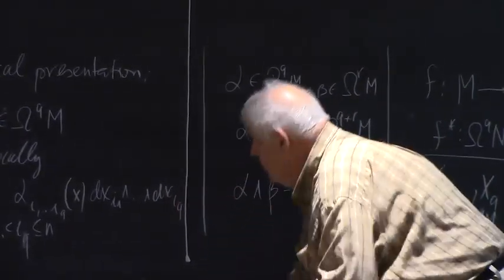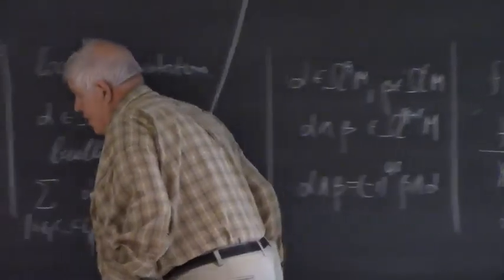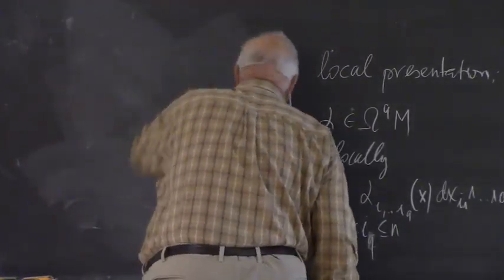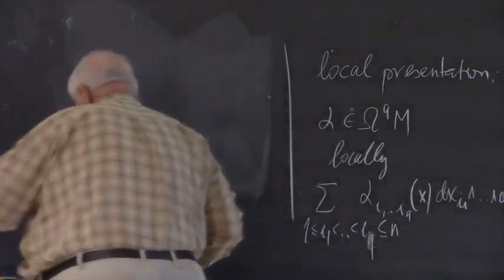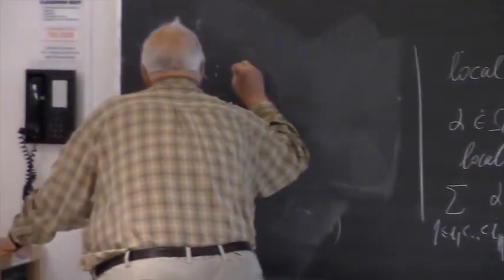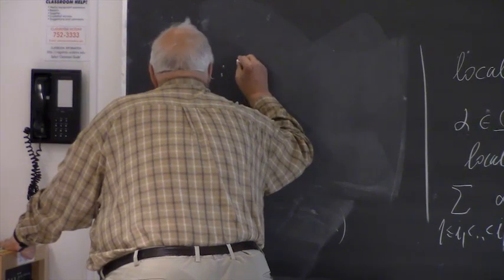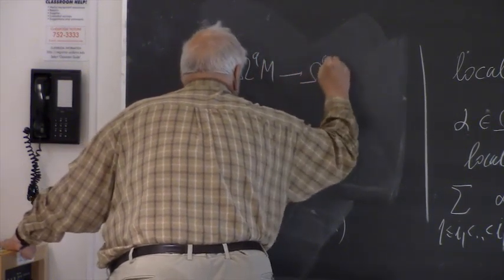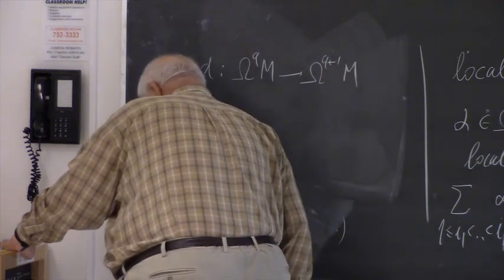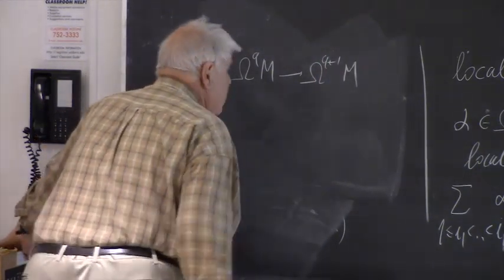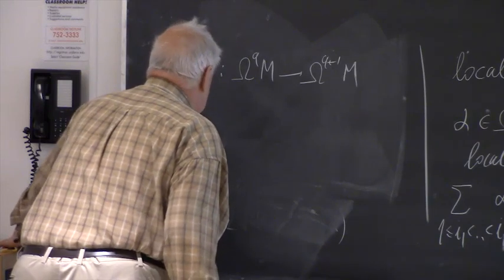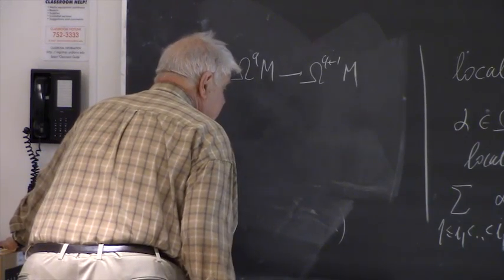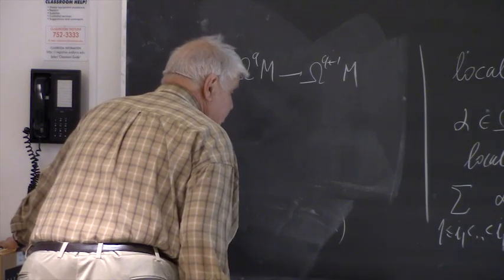Again, for an arbitrary manifold M, we have a map d of Omega^q(M) into Omega^{q+1}(M), which is defined for every q. The following three properties may be regarded as axioms because they actually determine the operation.